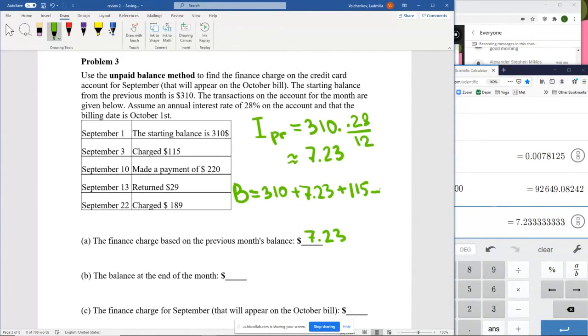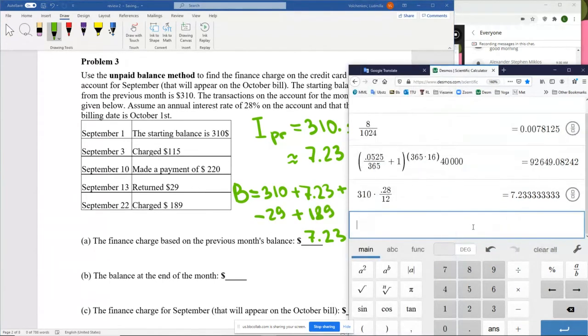Then we made a payment of 220, so we reduced our debt, so we subtract the payment. Then we return something, so that also reduces the balance on the credit card. So we subtract 29, and then we charge it again. So we increase our debt. So we add 189.